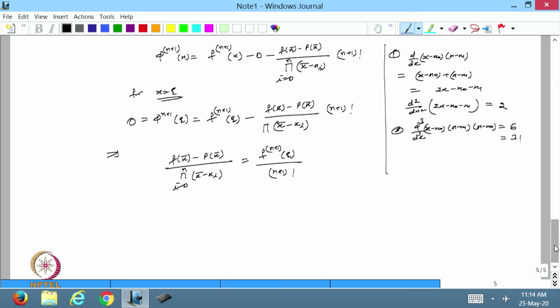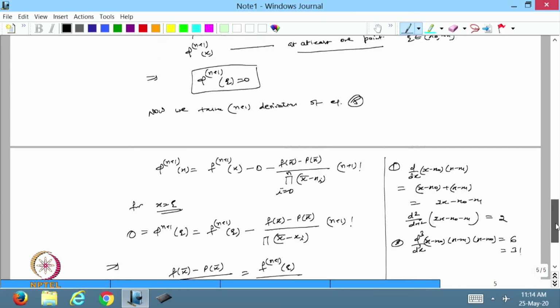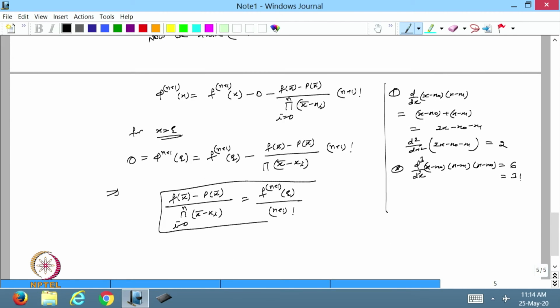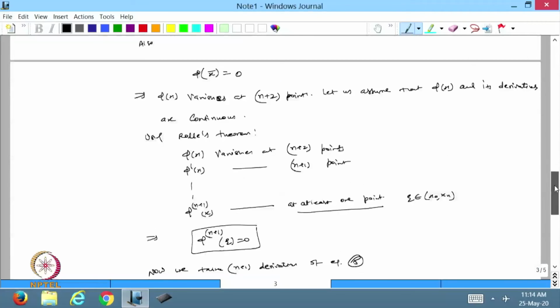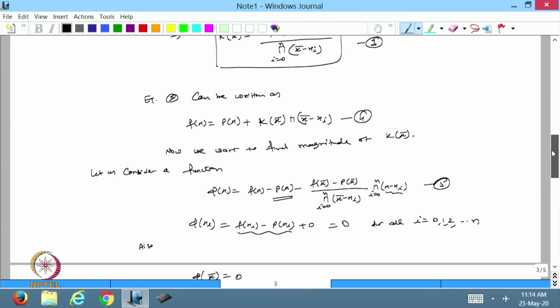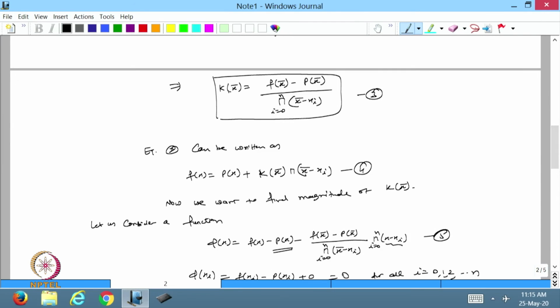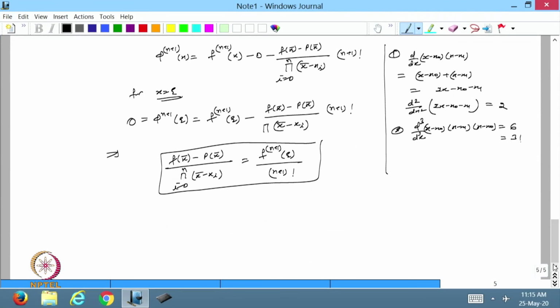Now from the equation, I know the left hand side factor is k(x bar). So I can write that from equation 3, my k(x bar) will be f^(n+1)(xi) divided by (n+1) factorial. This is the magnitude I am finding.